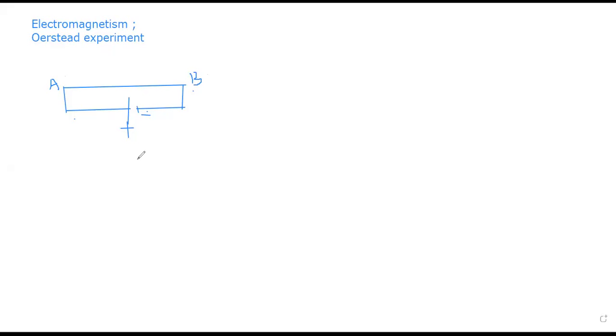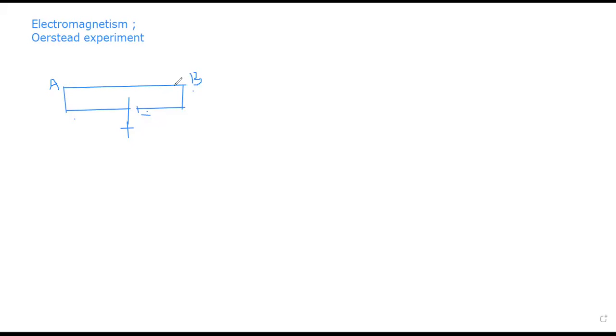What are the charges here? Electrons. We know that the conductor has free electrons on the surface even at room temperature. Free electrons means the electrons which come out from the orbit, which are free from the nucleus, not bound with the nucleus, and move randomly on the surface of this conductor.